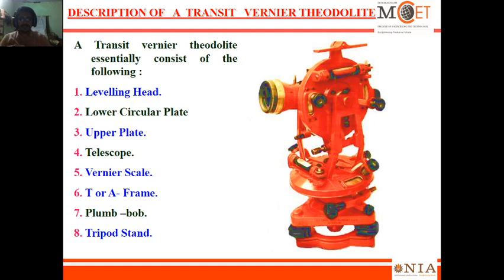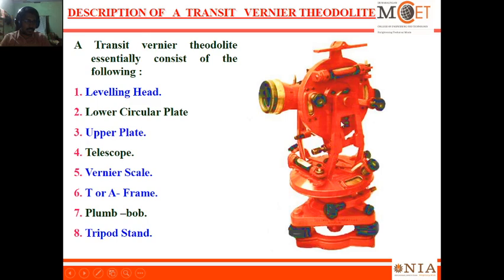The transit vernier theodolite essentially consists of the following: the leveling head. The parts I have explained in the previous video. The same parts will be available here: leveling head, the leveling portion, lower circular plate, upper plate, telescope, vernier scales which will be inside this, and here also there will be vernier scales, and the T or A frame.